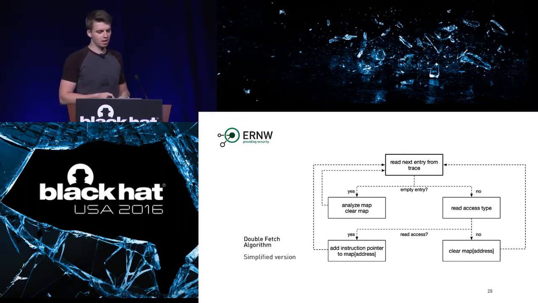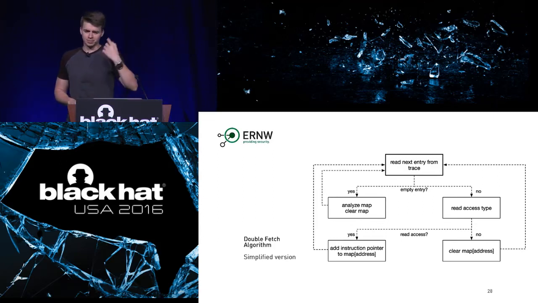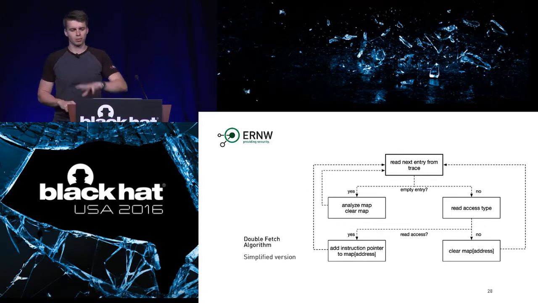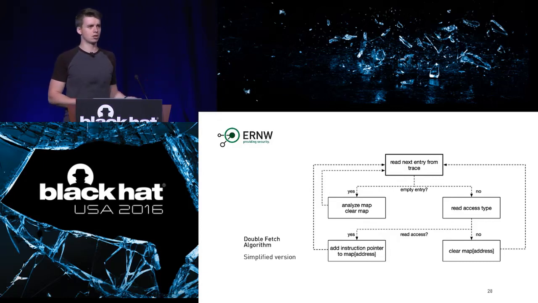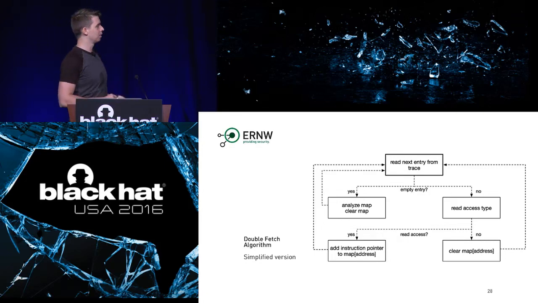If it's a privileged access and it's a read access, then we add this access to a map or a dictionary, and the first time we see an unprivileged access, which means we have a context switch, then we analyze our current state of the dictionary, and if we find multiple read accesses to one memory address, we probably have a double fetch vulnerability. As I said before, this is simplified.